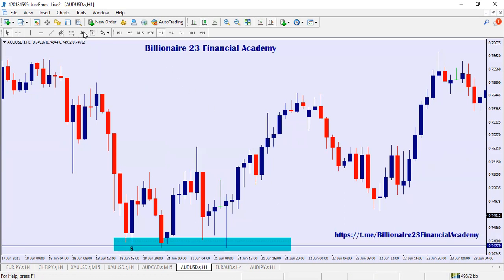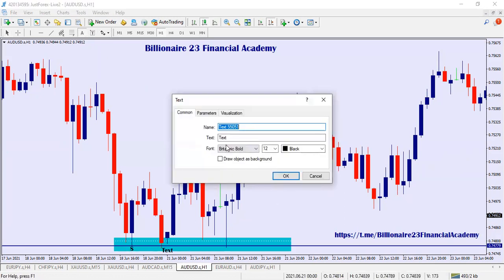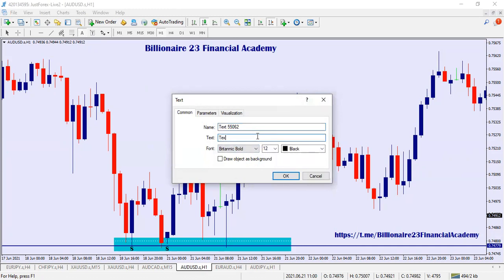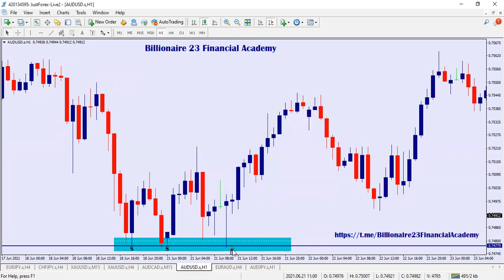We have support 1, support 2, and then support 3. So this is an area where price has touched 2 or more times.